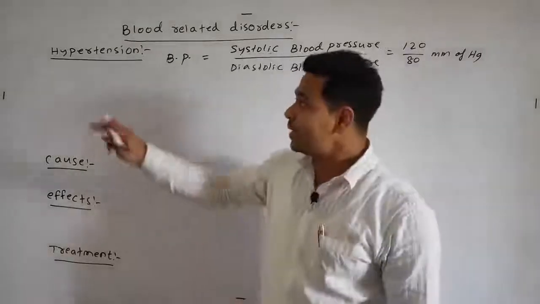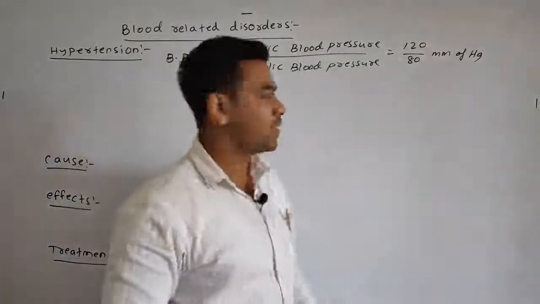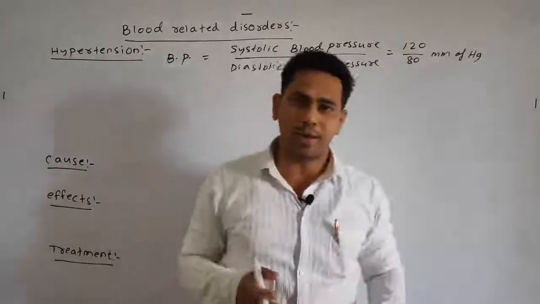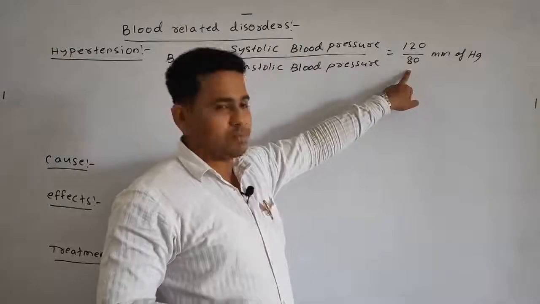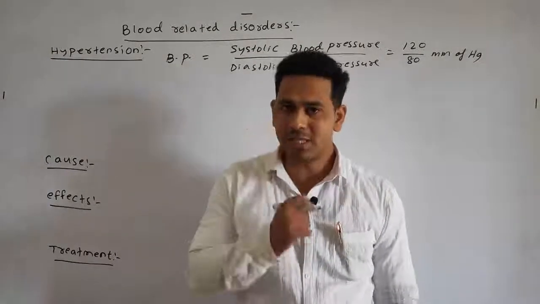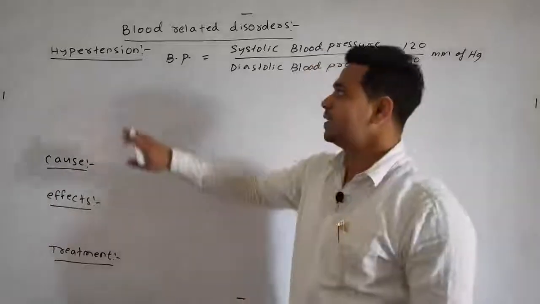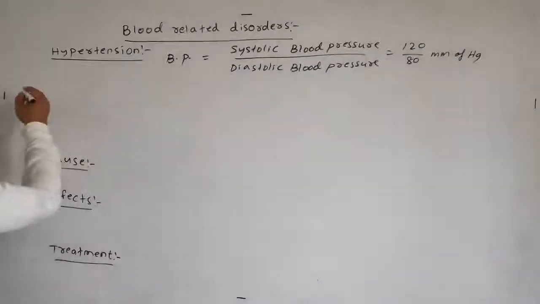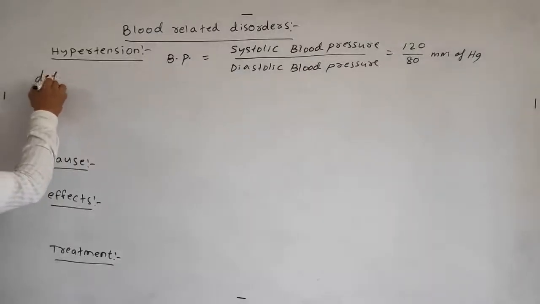But hypertension means what? If the systolic blood pressure increases up to 140, and the diastolic pressure increases up to 90 mm of Hg, then this condition is nothing but hypertension, or high BP. So what is the proper definition?